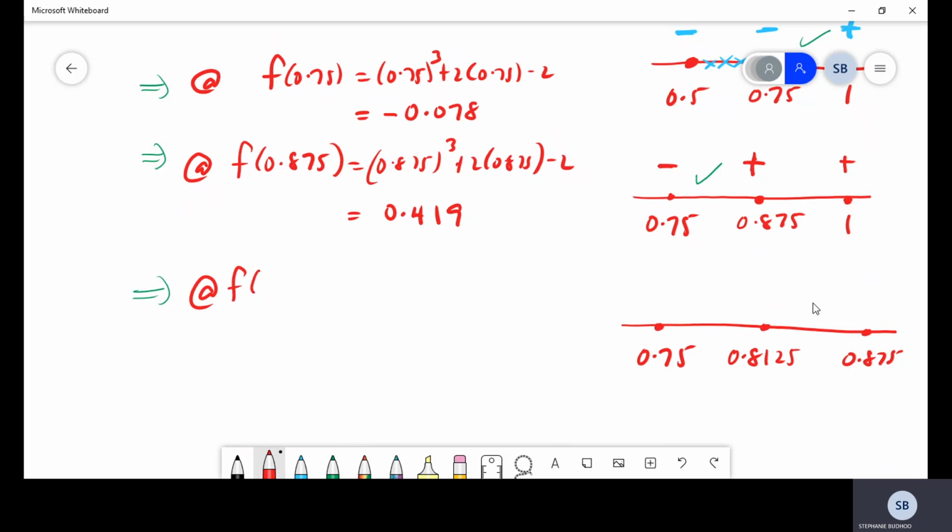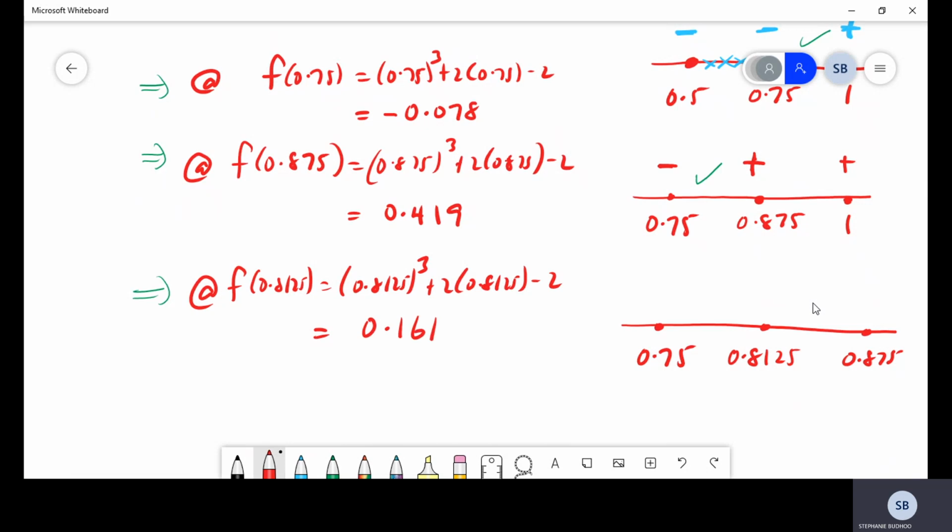So at 0.8125, we would get, sorry for the scribbles, but I think you understand that these are just those values that are coming from your substitution here. And this works out to be equal to 0.161.